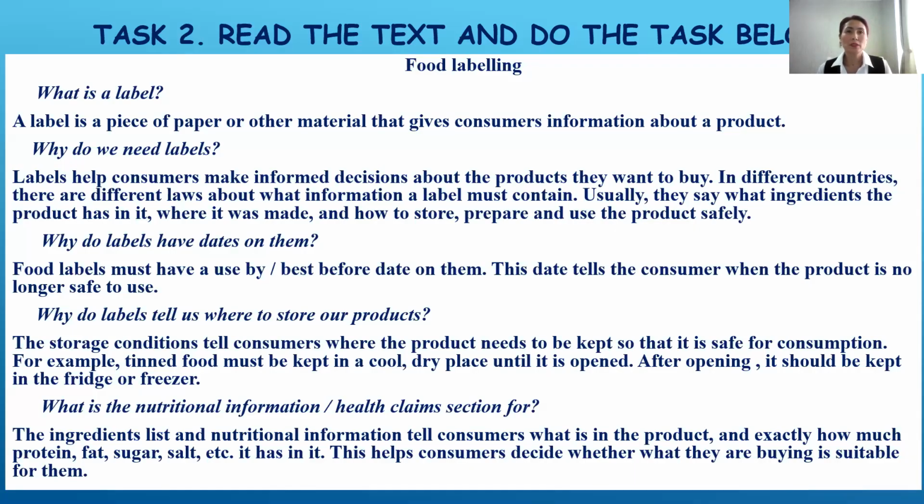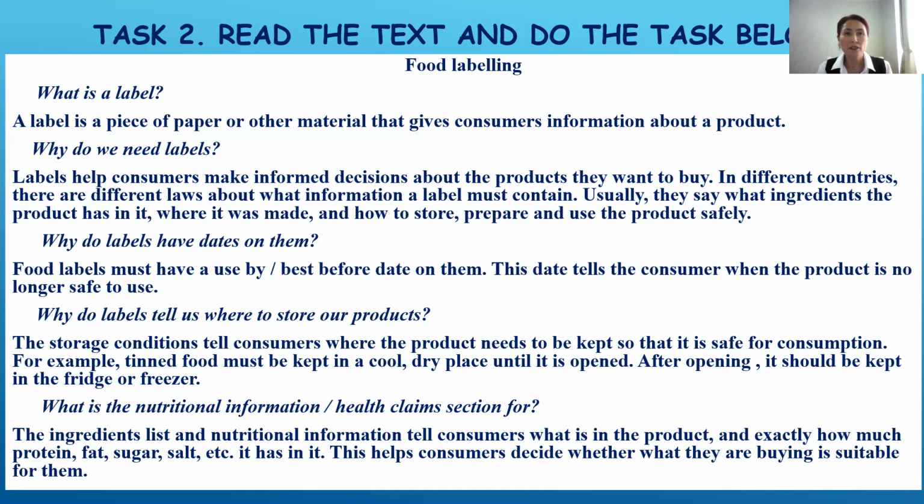In order to do the task meaning graph, you should read the text. What is a label? A label is a piece of paper or other material that gives consumers information about a product. Why do we need labels? Labels help consumers make informed decisions about the product they want to buy.